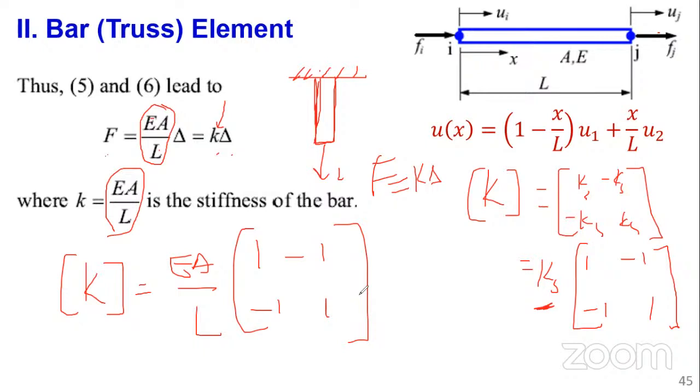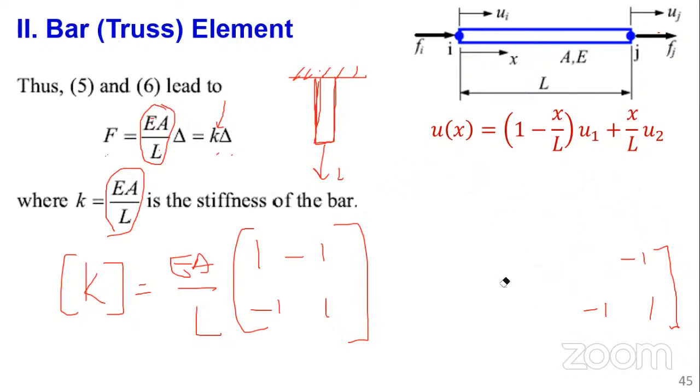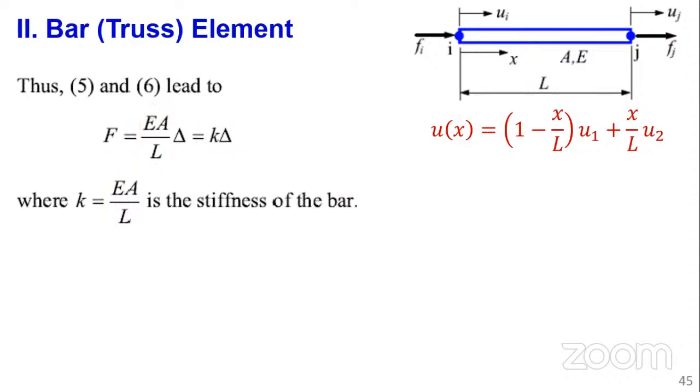All right. Now I can go straight ahead and formulate the finite element equation. Once I have the stiffness matrix, all I need to do is introduce F and K, because we know F is equal to K U. So I need to introduce the displacement vector and the force vector. And that is done quite easily here.